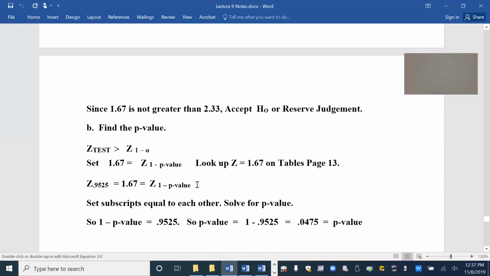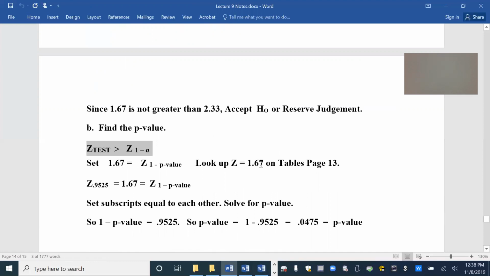What can I say? That's the p-value. P-value is what you can go on the TV and say. Find the p-value. I look at the test I just ran for the alpha. I put that with p-value. And the z-test, I plug in whatever z-test value I got, because it was 1.67.